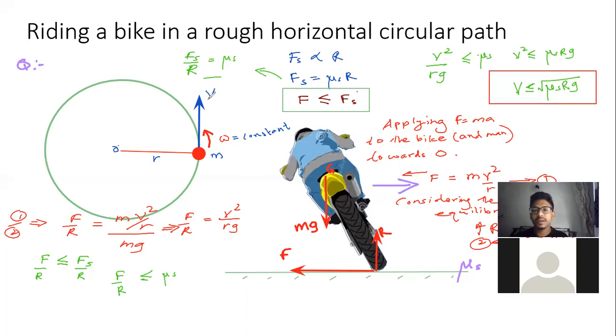I'm using speed rather than velocity because the velocity is changing. If I use speed, it is the same at every point. So a better word, I'm using speed. What is the maximum tangential speed for a bike?